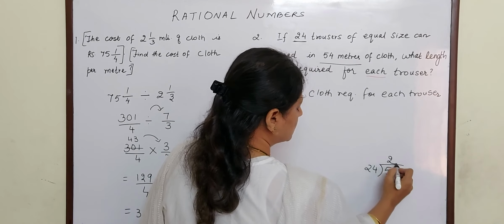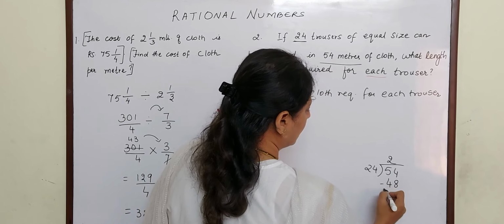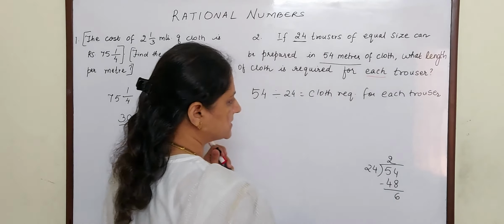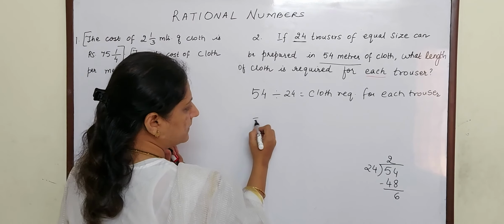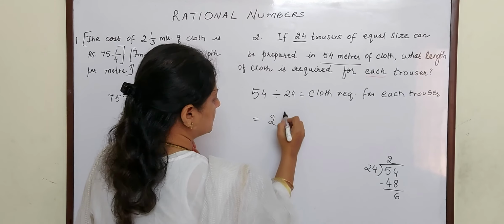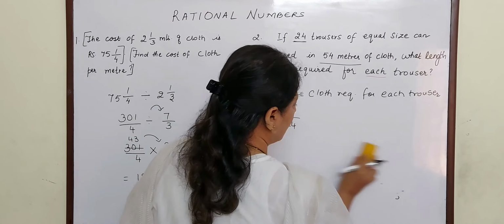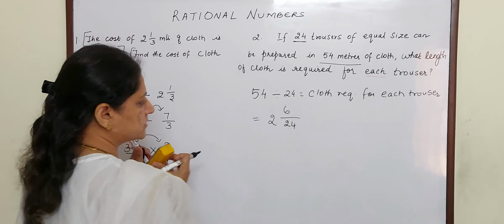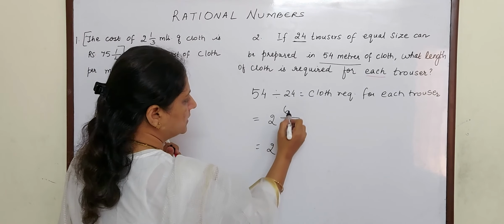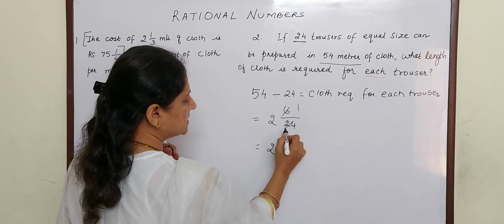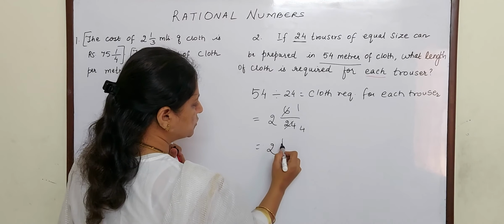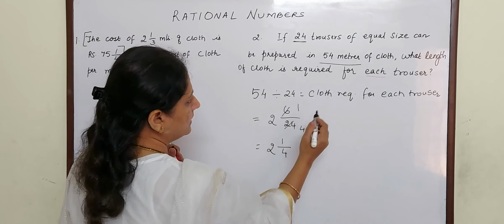So 24 twos are 48, minus, if you do, you will get answer 6. So 54 divided by 24 is 2, 6 by 24. Now if you see children, this fraction can be further reduced. It can be 6 ones are 6, 6 fours are 24. So 2, 1 by 4 meter.